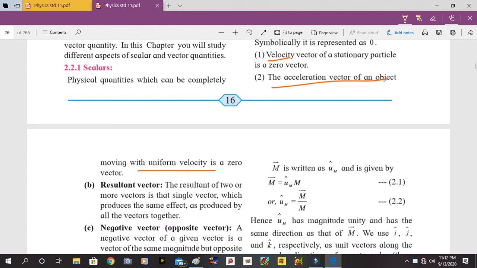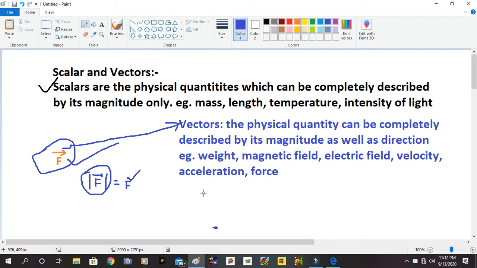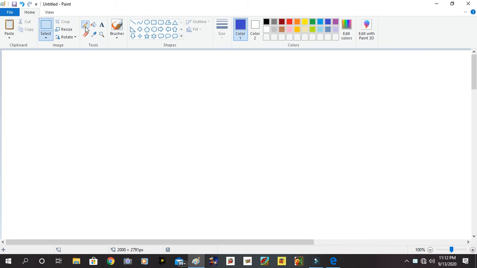Resultant vector. So what is a resultant vector here? Suppose I have two velocities, say vector v1 directed along a certain axis and velocity vector v2 directed along another axis. Then the combination of them, that is addition or subtraction, will give you a new vector, a new value of vector, say vector v.